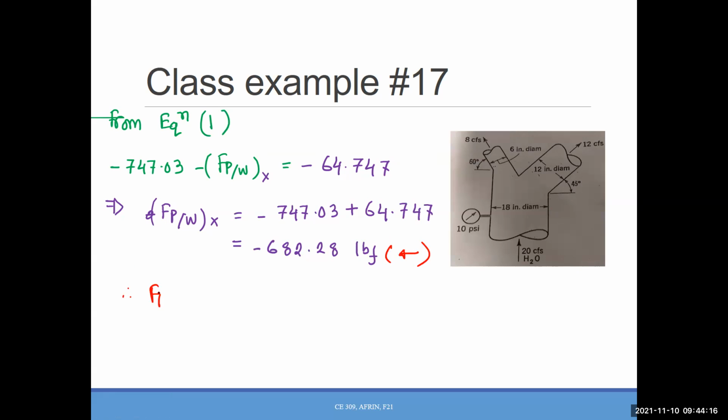So finally, it should be 682.28 lbf. That should be the correct direction. That's 64.747, and that should be in pounds because everything is, yes, that's correct.